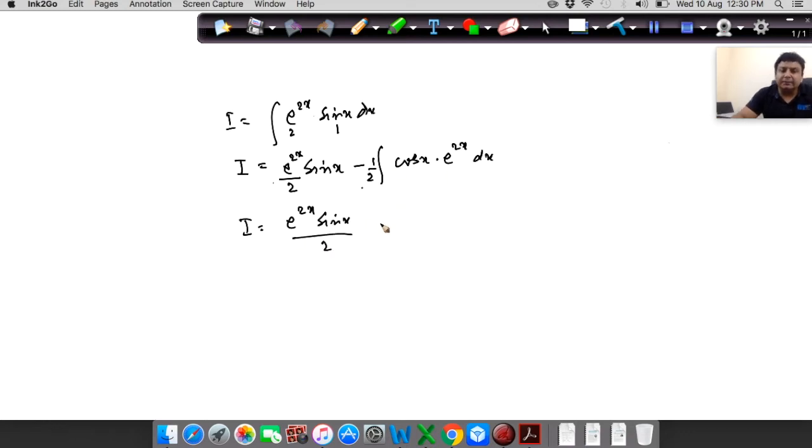Now in this again apply by parts. So that's first, second again. So first function as it is, e to the power 2x upon 2, integration of e to the power 2x, minus integration of differentiation of first, so that is minus sin x, so sign changes outside, and e to the power 2x upon 2.